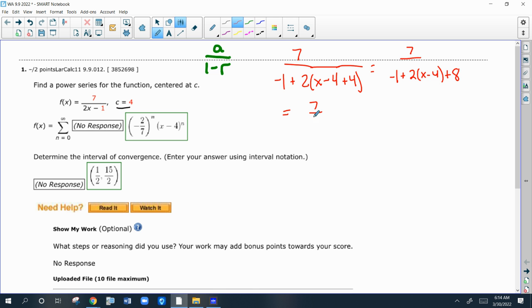So I'll have 7 over 7 plus 2 times x minus 4. Now I need this 1 here, so I'm going to divide by 7, top and bottom.